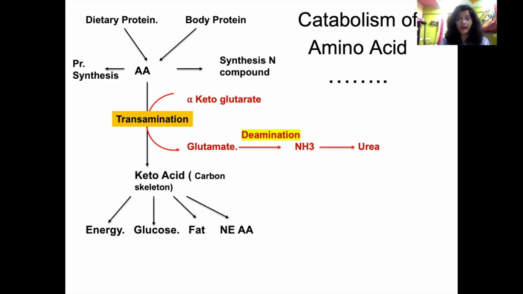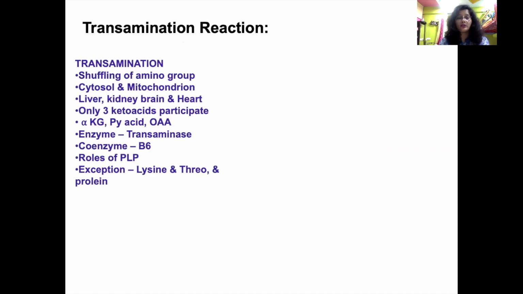So this diagram gives you an overview of the catabolism of amino acids, and here we learned that transamination and deamination are very important processes for every amino acid to undergo catabolism. So let's discuss the transamination and deamination reactions in today's lecture.